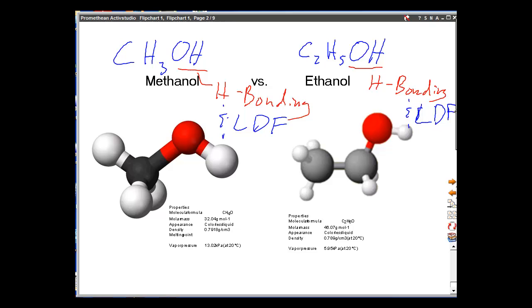So we have these interesting things that you can see here. Let's look at the vapor pressure of ethanol at 20 degrees Celsius. Compare that to methanol at 20 degrees Celsius. You see methanol has a higher vapor pressure than ethanol.